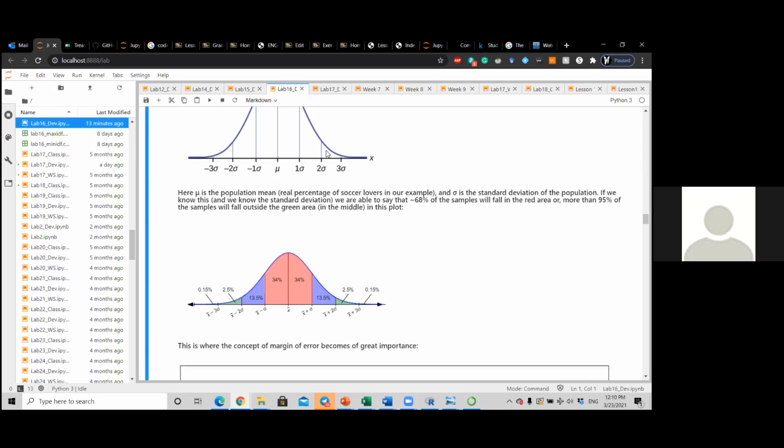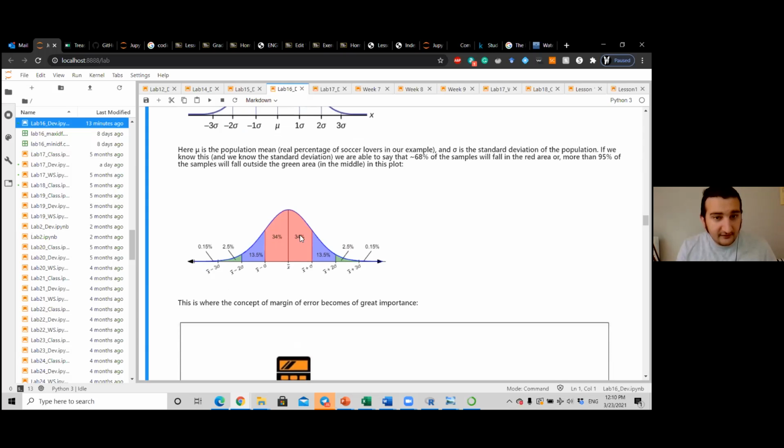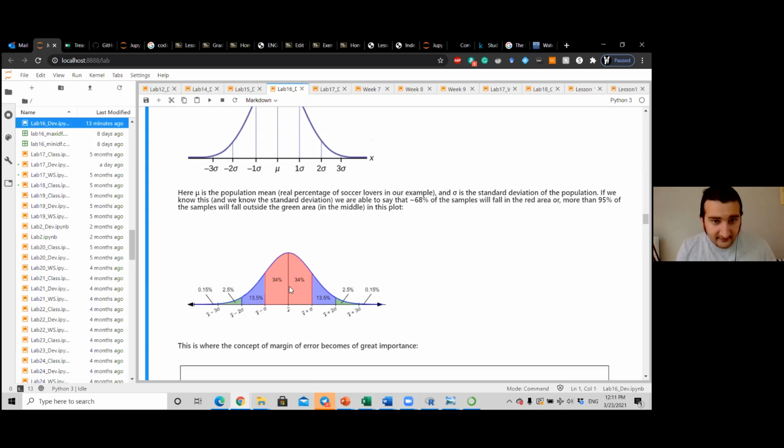If I go 2 steps to the right and 2 steps to the left from my mean, with the step size equal to my standard deviation, I will be able to capture how much? 34 plus 34 plus 13.5 plus 13.5. So this figure is calculated based on a normal distribution as you are moving towards the tails from your mean.